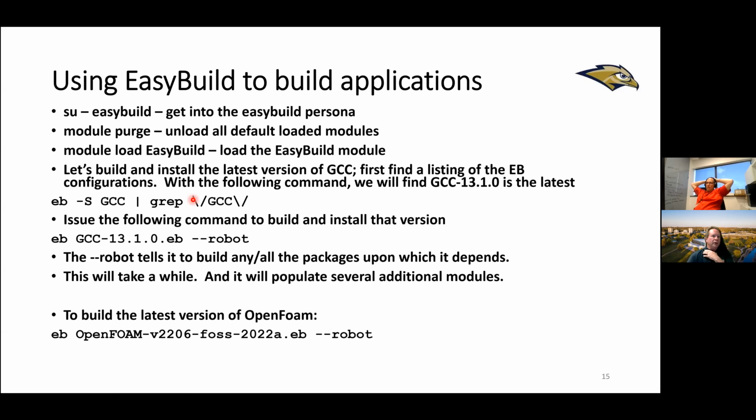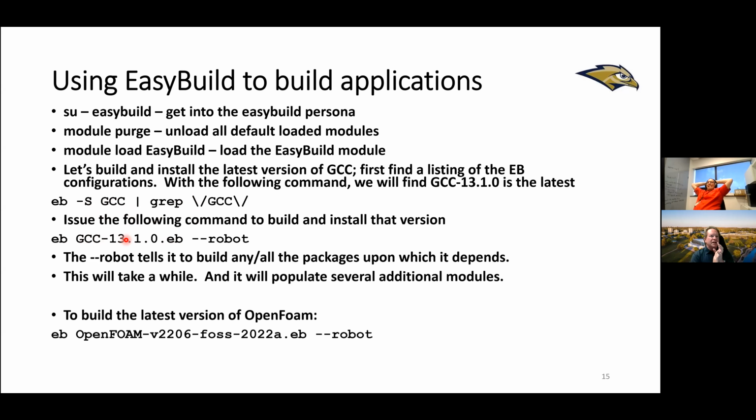So this EB-S will find that this is the latest version of easy build. And we're just going to grab that, and EB GCC 13.1.0.EB, that whole string we'll just copy and paste from the listing of the modules that are available to be built.